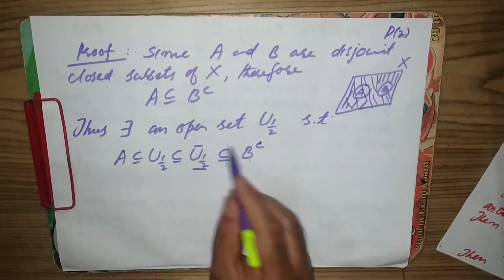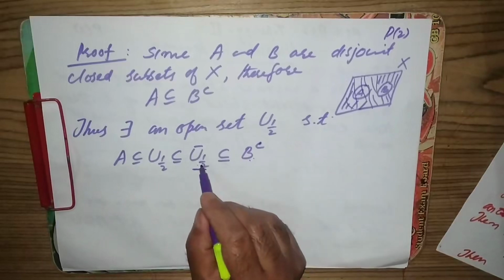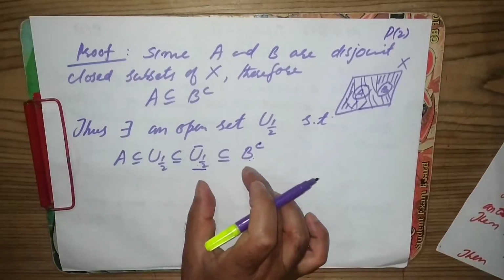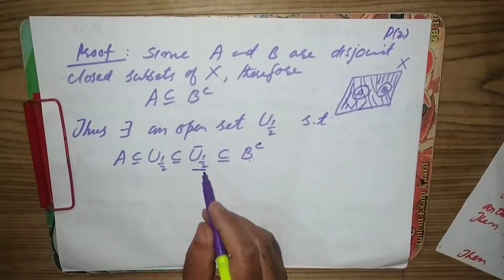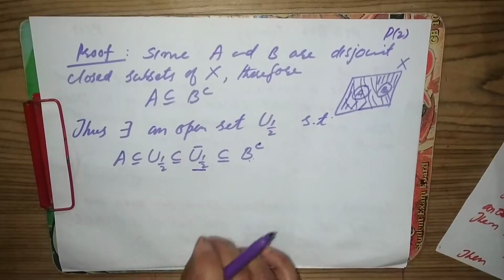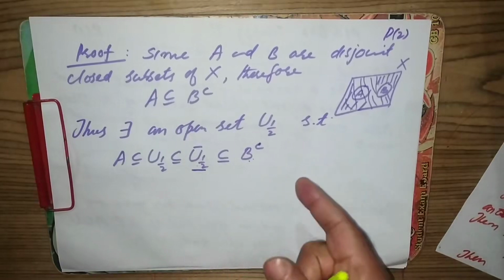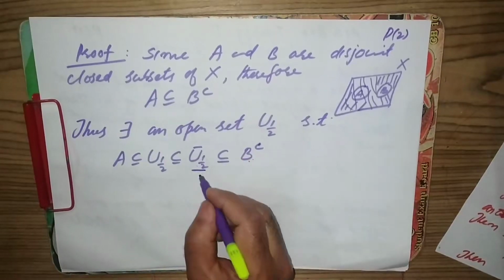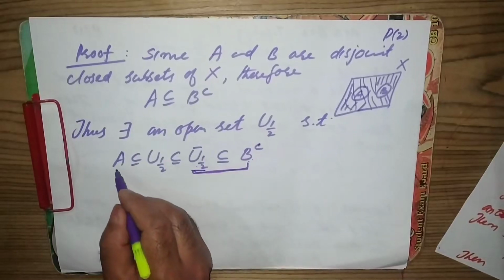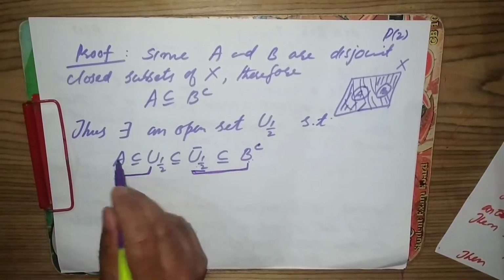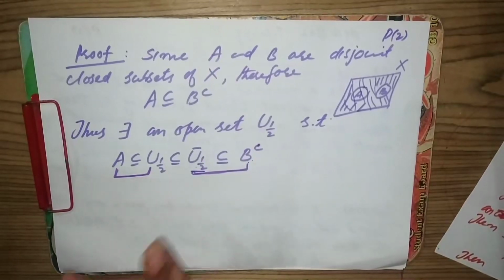So for this pair, the closed set and an open set containing it, we can find an open set, let's denote it by U_{3/4}, such that the closed set is a subset of the open set, and the open set is a subset of its closure, and the closure is a subset of B complement. And for this pair we have one more pair. A is a closed set, U_{1/2} is an open set containing A. So for this pair again we can find some open set.